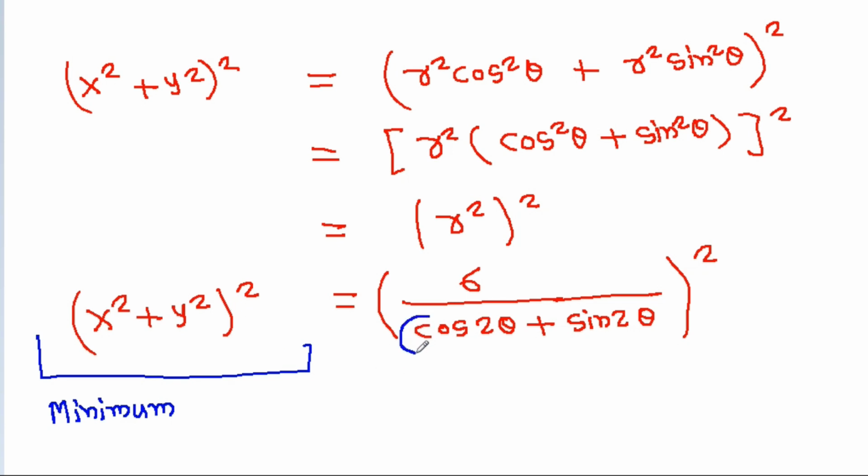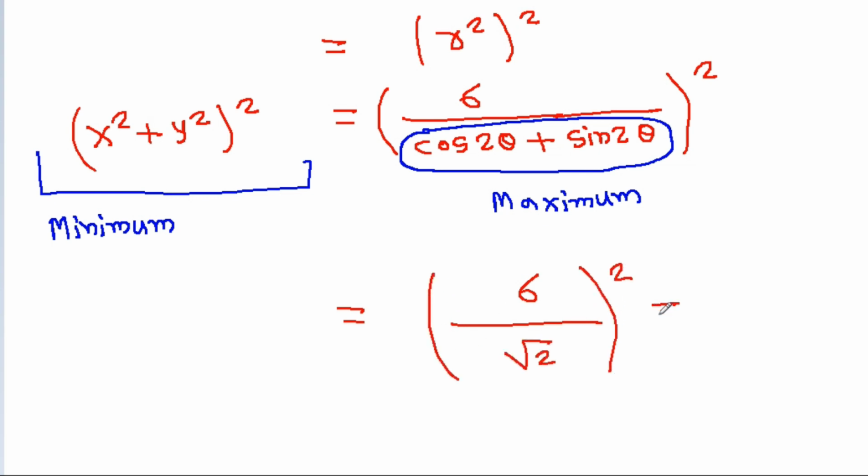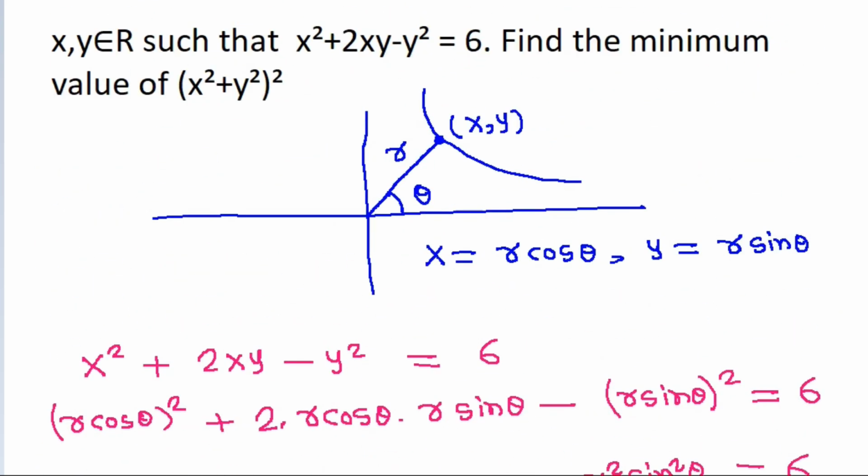So cos 2 theta plus sin 2 theta should be maximum, and it is 6 by, and the maximum value of cos 2 theta plus sin 2 theta will be root 2, squared, that is 36 by 2, and it is 18. So it is 18.